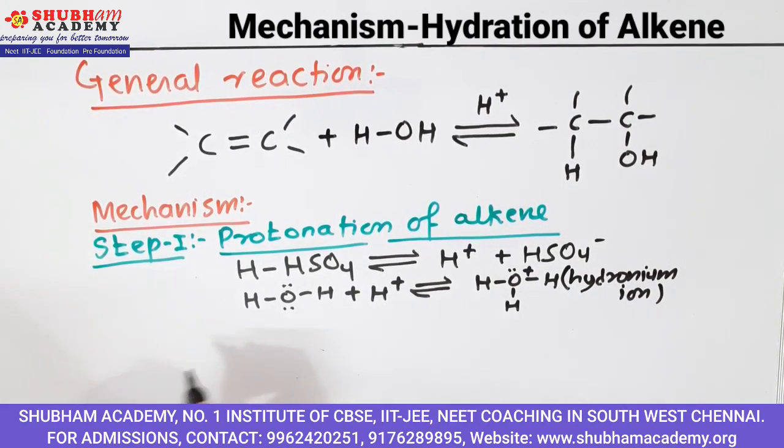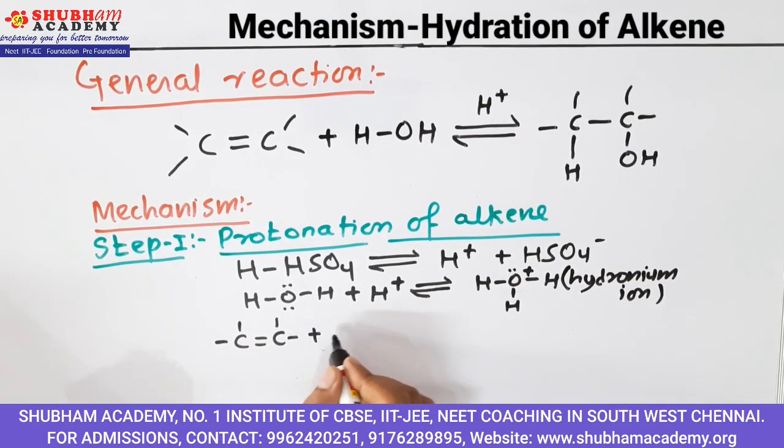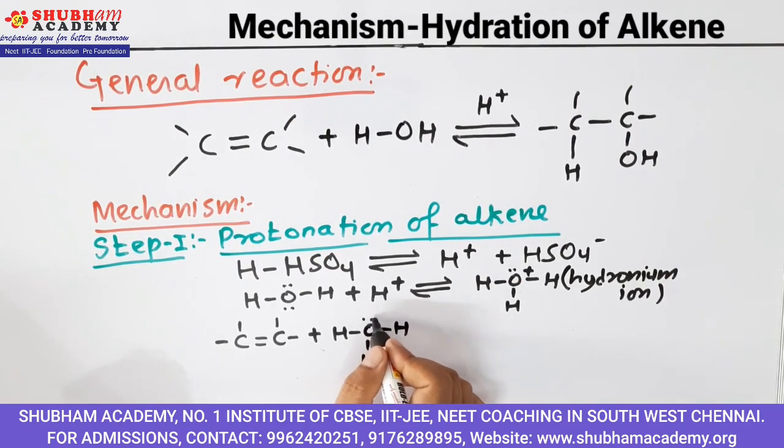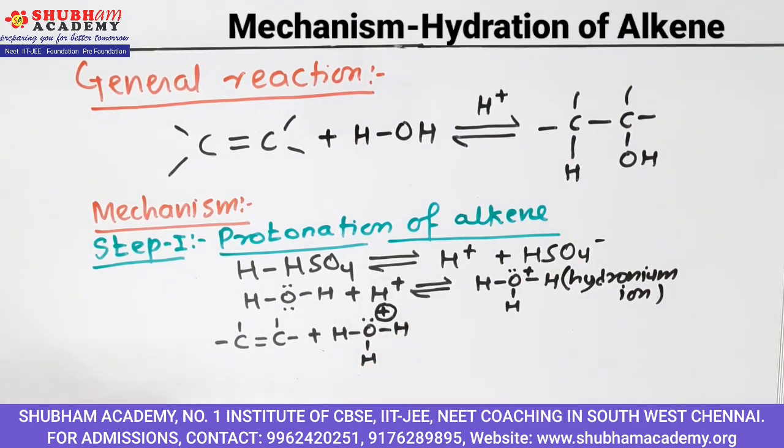Okay, so you have alkene, C double bond C, H plus, H O H H positive, right. Now see what happens. This bond breaks in this direction, right. So what you get?